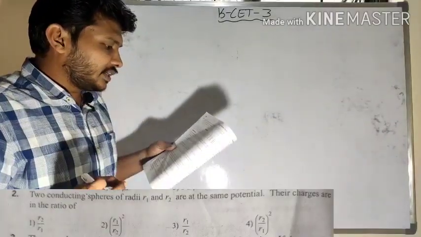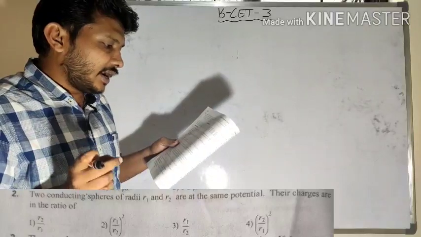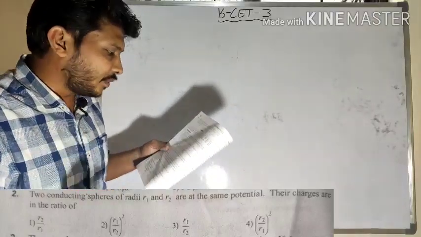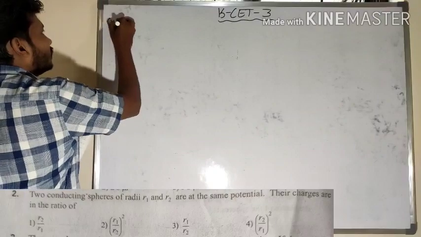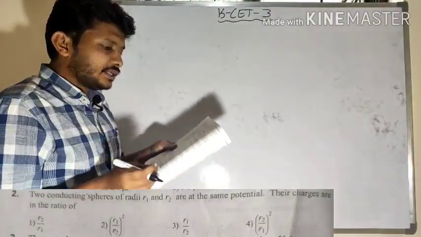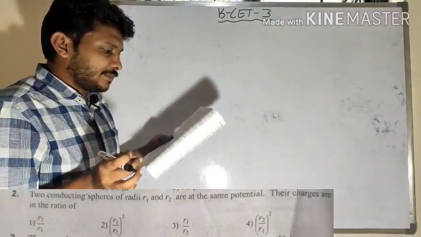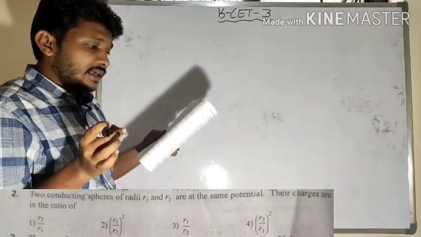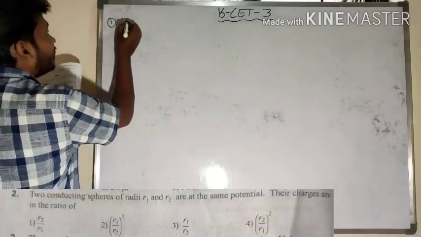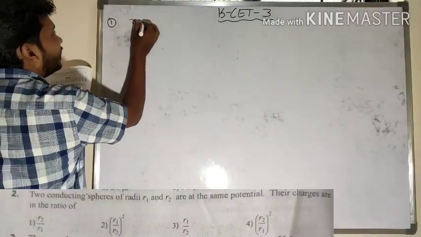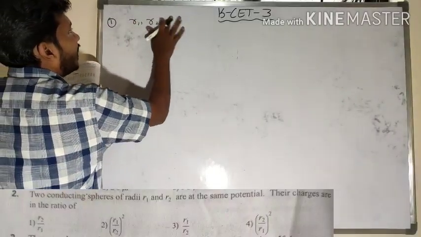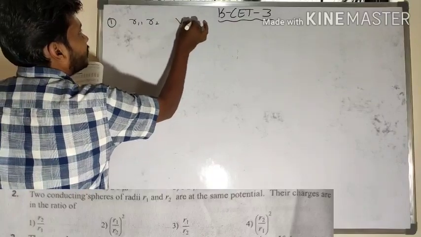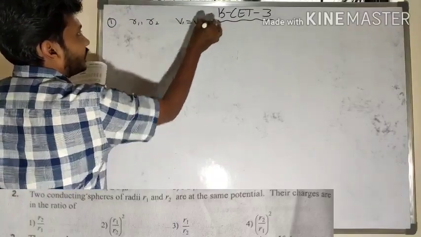Two conducting spheres of radius r1 and r2 are at the same potential.